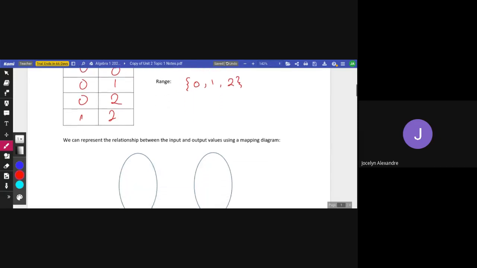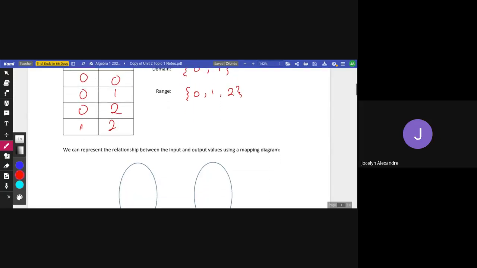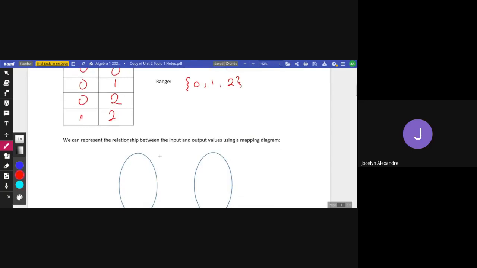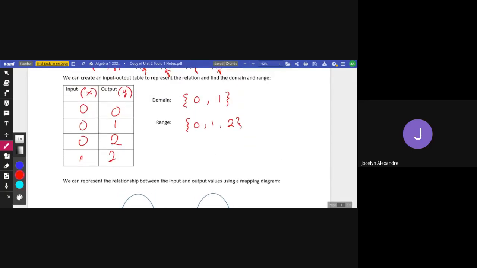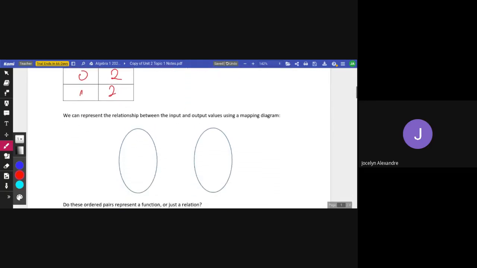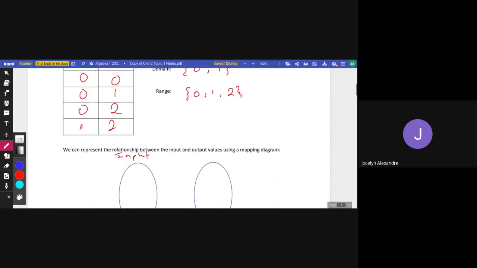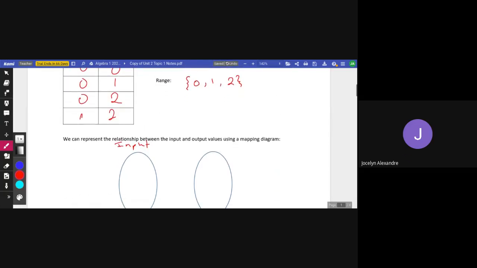We can also represent the relationship between the input and output values using what we call a mapping diagram. When we make a mapping diagram, I'm going to put my input here in the left circle. My input is 0 and 1.